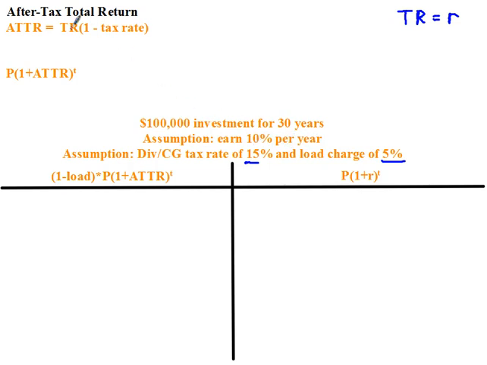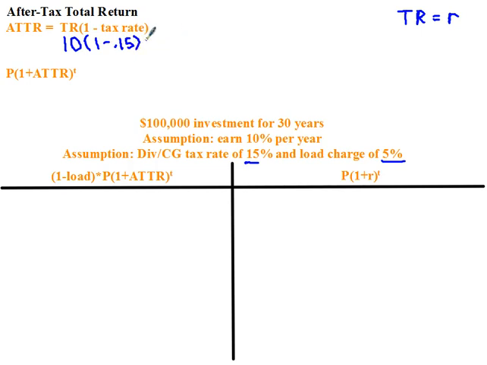So I'm going to take that total return, 10%. What I'm trying to do is calculate the after-tax total return if you have to pay taxes. The total return is 10% without taxes, but you face a capital gains rate of 15%. So we do 1 minus 0.15.